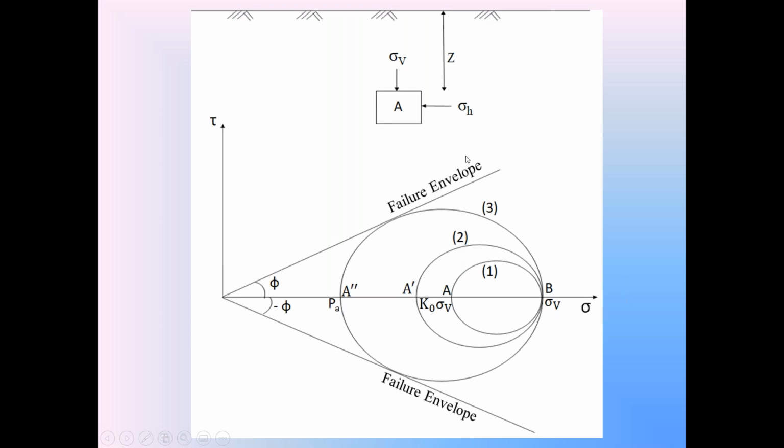So there is no failure in the backfill, because the stresses in the soil in the first and second stress circles are below the failure envelope. So in these two situations, the backfill is not in the failure condition.